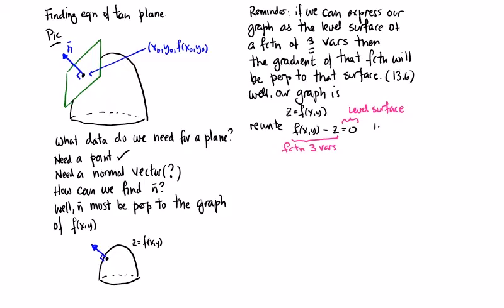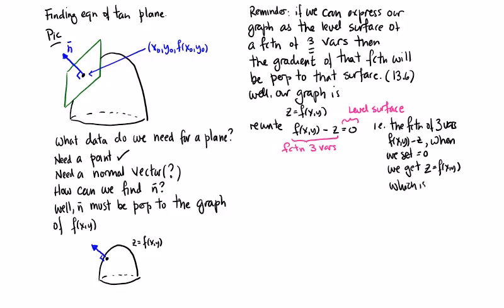I.e., just to be clear, the function of 3 variables, which is f of x y minus z, when we set it equal to 0, we get z equals f of x y, which is our surface.